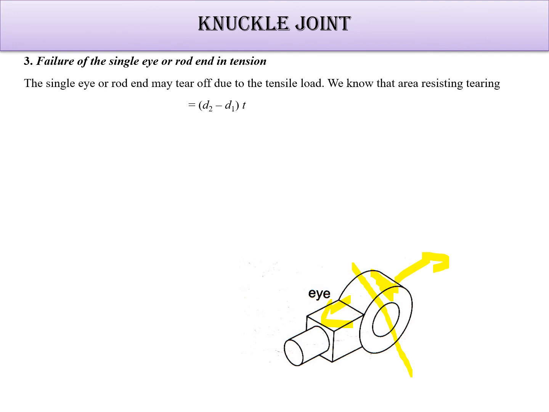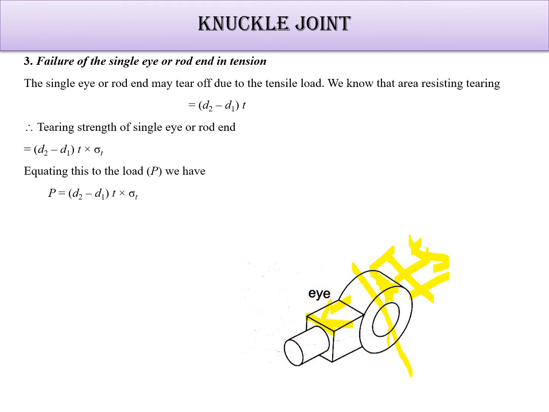So this area, d2 minus d1, this much area and this much area is important for us because this is the hole. A hole is nothing but the weakest part. So d2 minus d1 into t, where this thickness is t. So d2 minus d1 times t is the area, and the strength will be multiplied by sigma t.